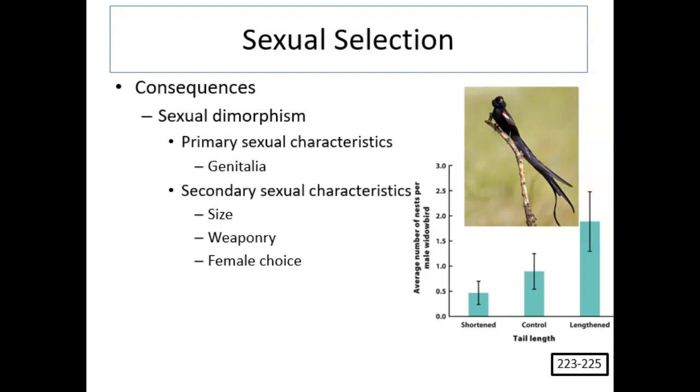I don't think there's much of a cost of having a real long tail. Feather material is not that expensive. It's not that heavy. I don't think there's a big detriment to having a really, really long tail. So why haven't widow birds developed really, really long tails?